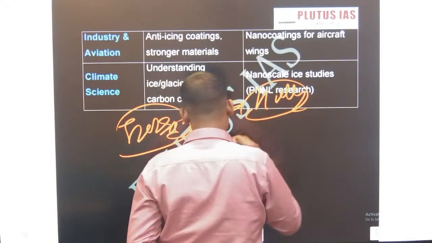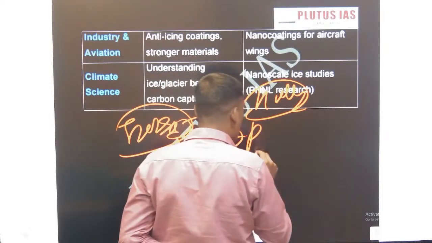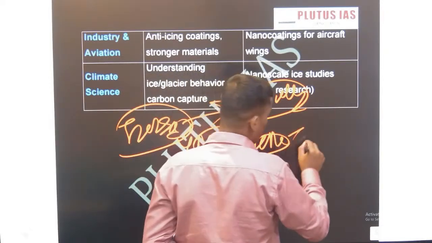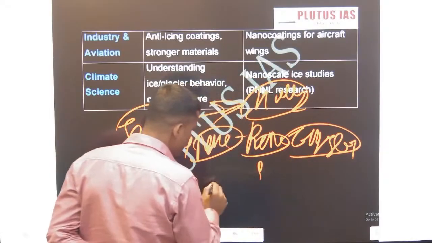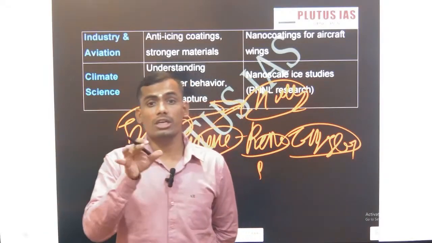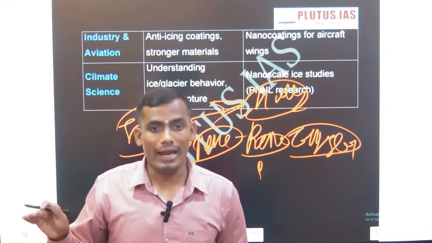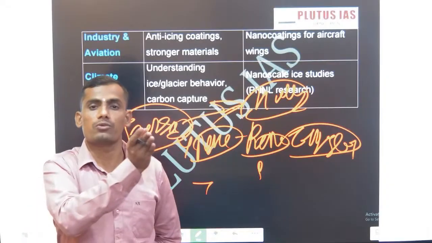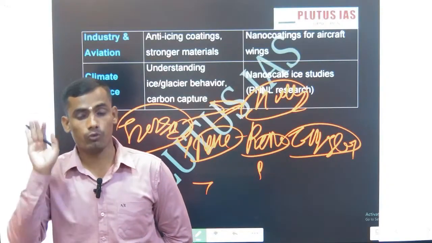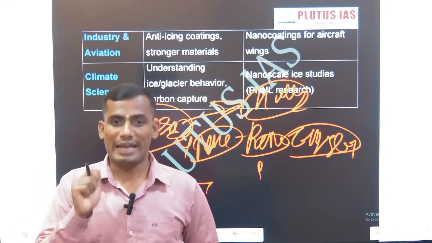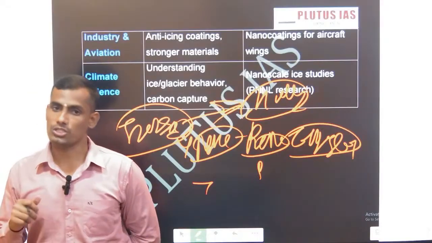But if you use nanotechnology, nano materials, nano robots, and nano tungsten, it can be possible to reduce the weight of the S-400, and that missile can easily be transported to hilly areas to protect national security. So nanotechnology finds application in defense and national security also.